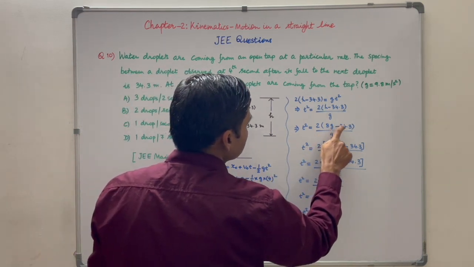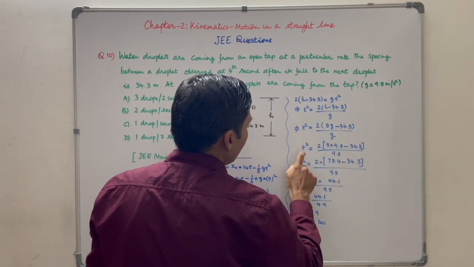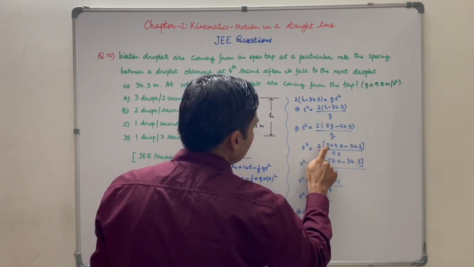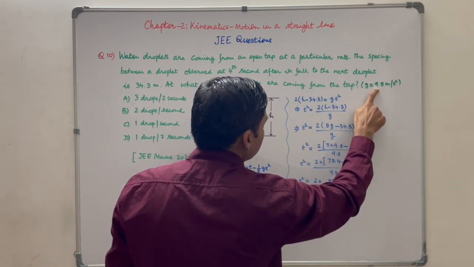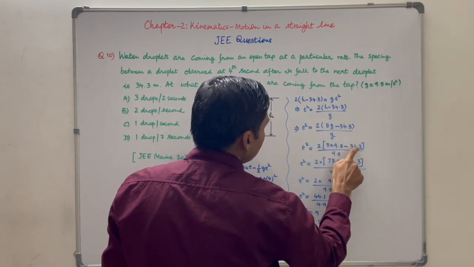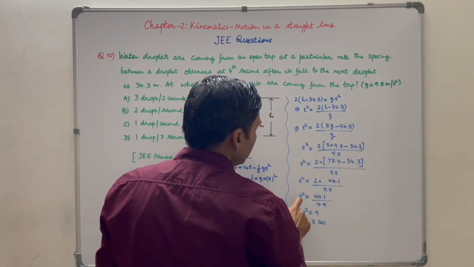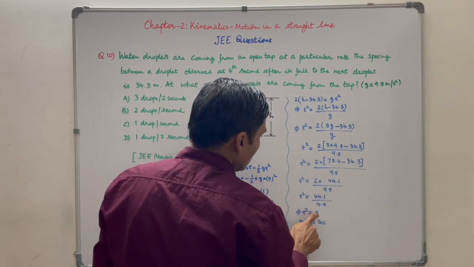So t² = 2(8g - 34.3)/g, and g can be put as 9.8, so 2(8 × 9.8 - 34.3)/9.8. So t² comes out to be equal to 9.